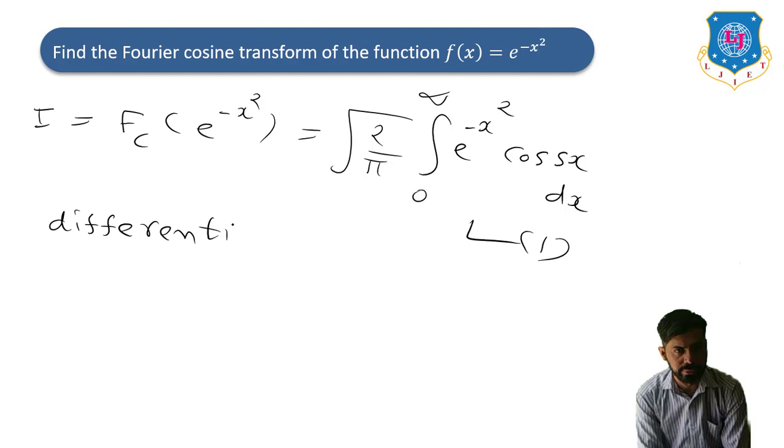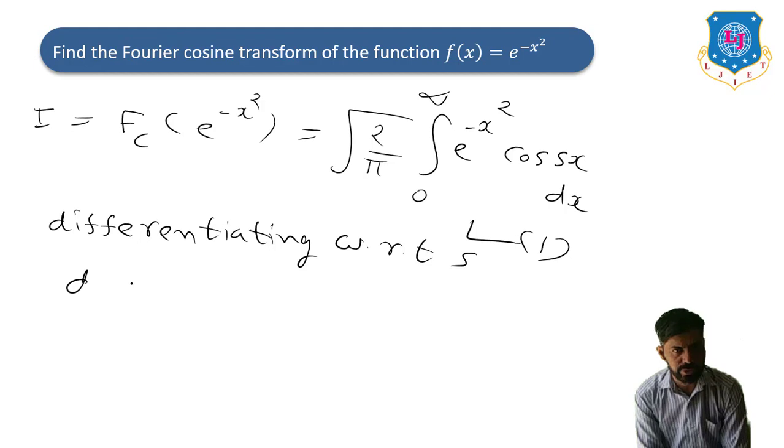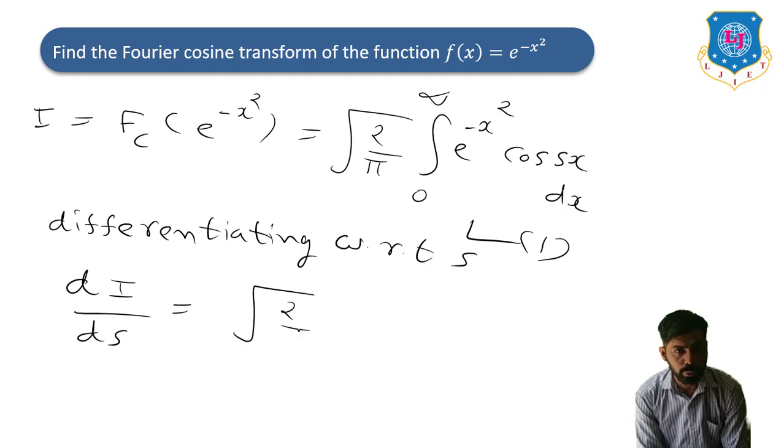Differentiating with respect to s, so this will become dI by ds, that is equal to square root 2 divided by pi. Now here the derivative of cos sx with respect to s will be minus x into sin sx. Okay, so here minus will be common.